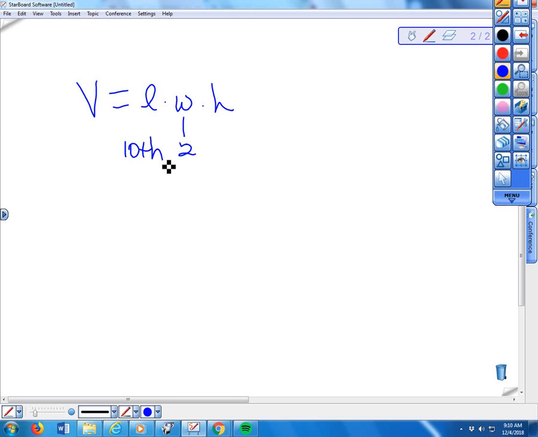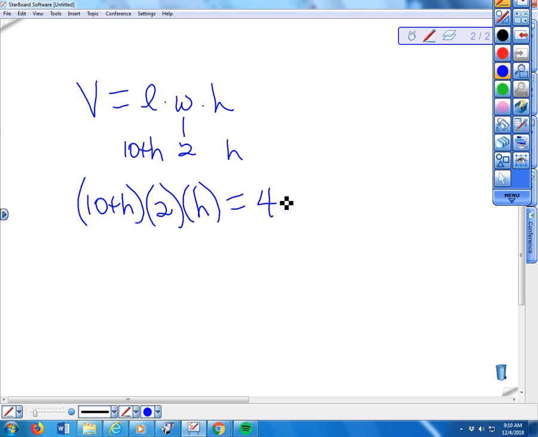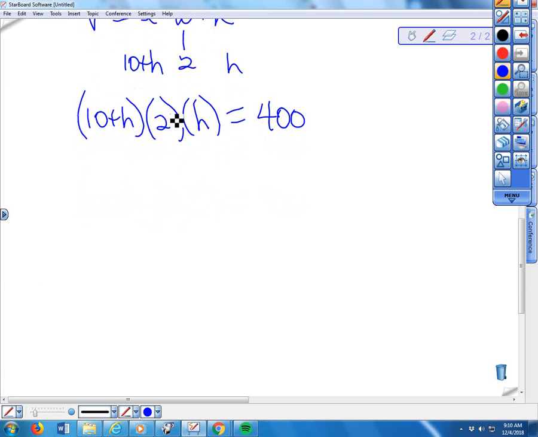And the height is just h. Right? So I have 10 plus h times 2 times h is equal to 400. With me so far? Okay, this is really just 2h. So I'm going to distribute 2h to 10 and 2h to h.